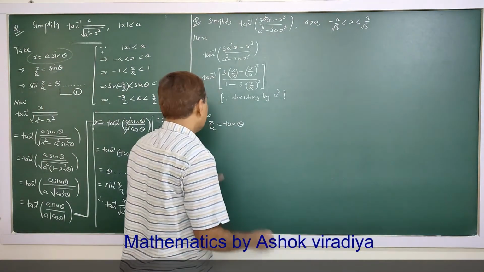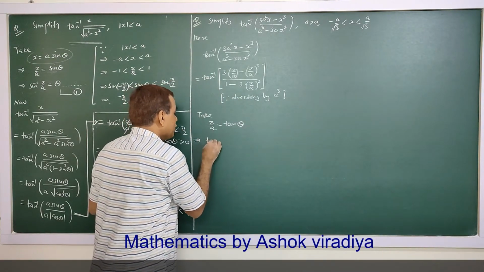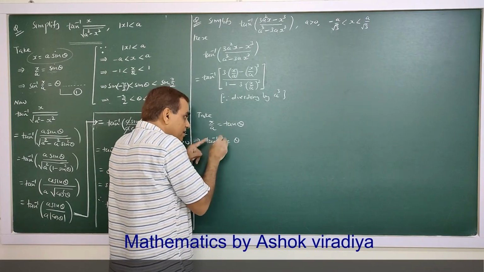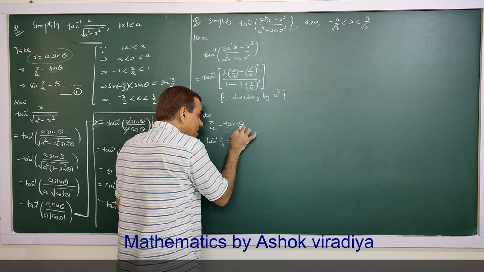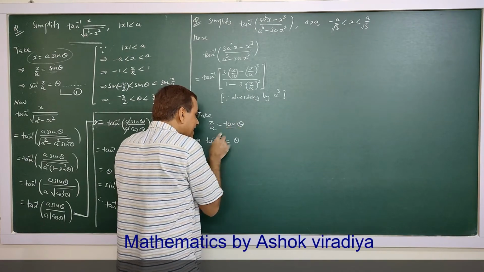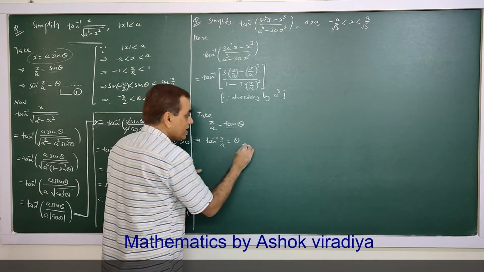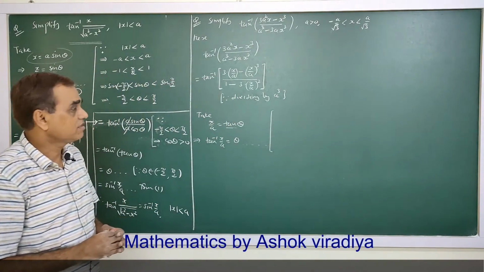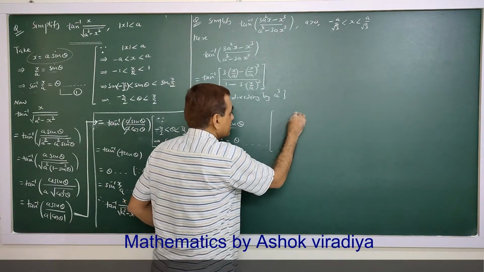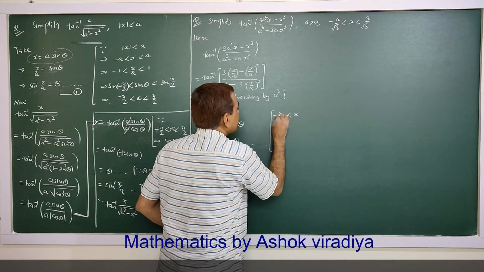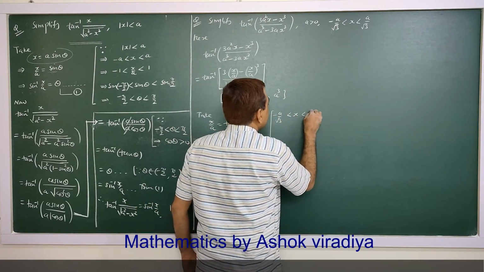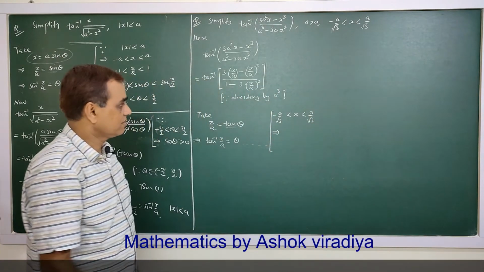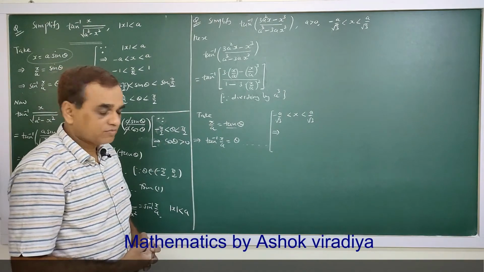Now we want tan inverse x by a equal to theta, but this is allowed only if theta is in the domain of tan. So let us check inside. See, x is between minus a by root 3 and a by root 3. This is given. A is positive.